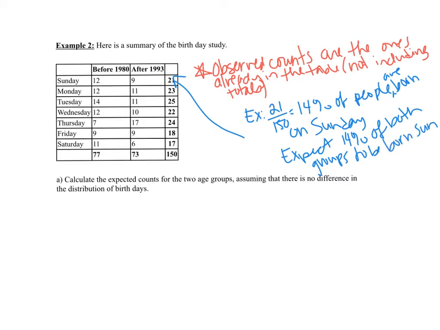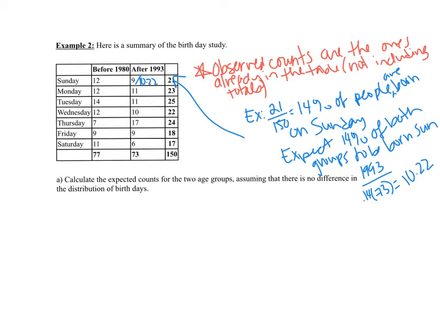Okay, so what I mean is that I expect, for example, for the 1993 group, I expect that 14% of 73 are born on a Sunday, which would give me 10.22. So I'm going to put that in there.